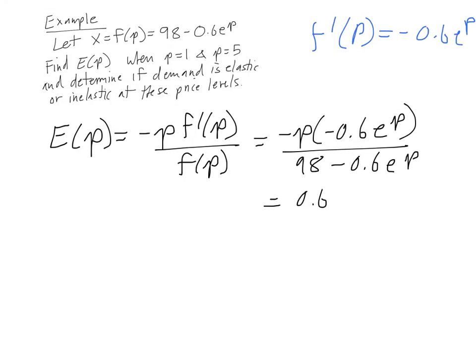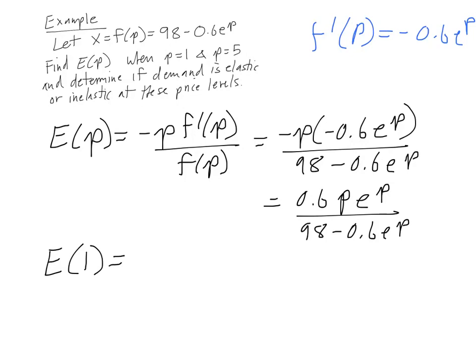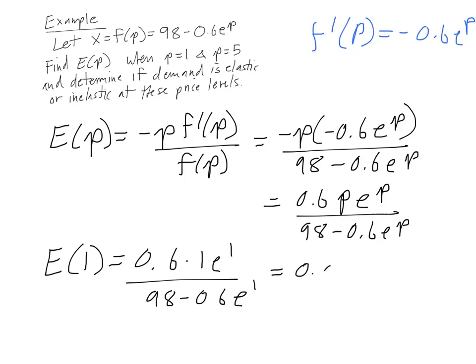You have 0.6 P e to the P over 98 minus 0.6 e to the P. And so the elasticity of demand at a price level of 1 is 0.6 times 1 times e to the 1 over 98 minus 0.6 e to the first power, which, if one goes to a calculator and calculates, that's equal to 0.0169, which is in the interval 0, 1.